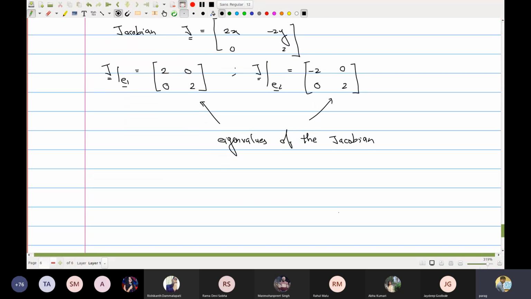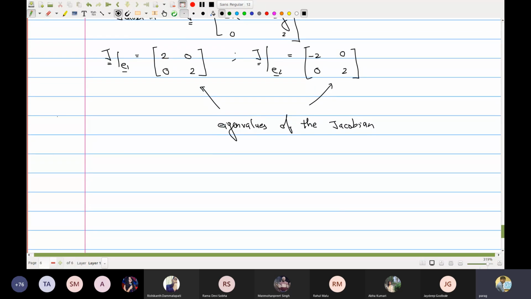Now you can always determine that I know for this case lambda 1 will be greater than 0 and you have a repeated value, repeated eigenvalues. Okay, and they are positive.